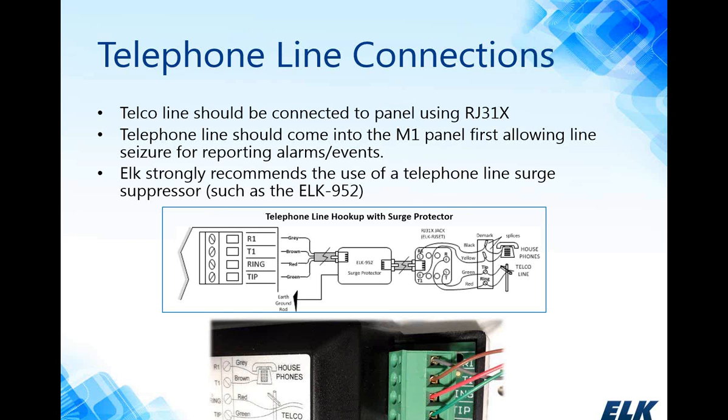Because the automation features of the M1 are always connected to the telephone line, ELK strongly recommends that you use a telephone line surge suppressor such as the ELK 952 connected to the board. Below this is a block diagram on how to connect the incoming telco line to the RJ31X, then to the house phones, and then incorporate an ELK 952 into the control.